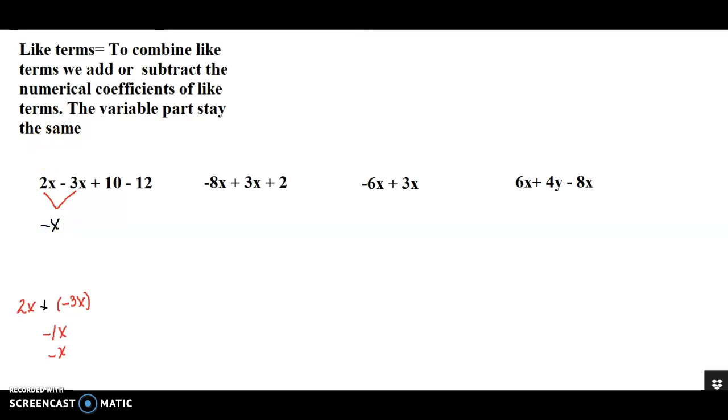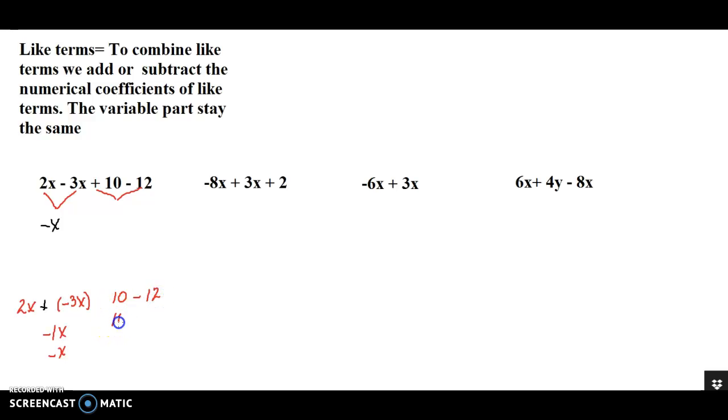Now we're going to take the positive 10 minus 12. So a positive 10 minus 12.